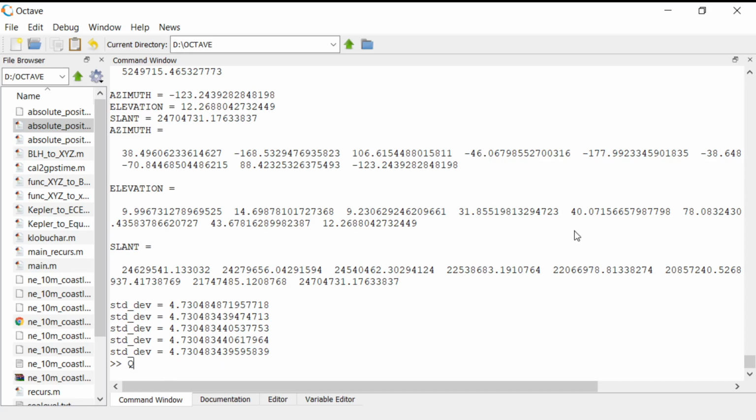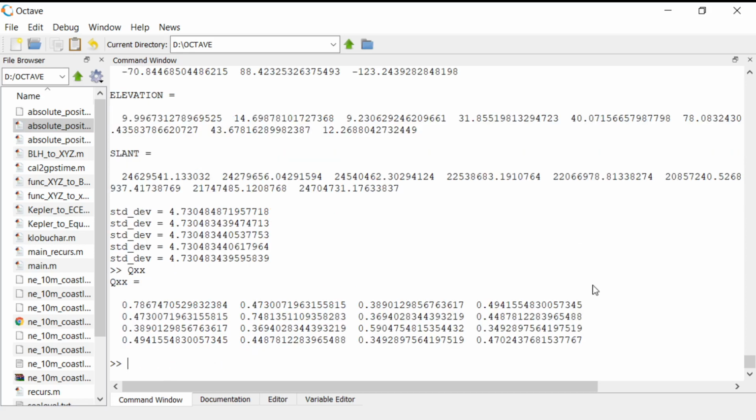Let's have a look at the QXX matrix. This is a 4x4 matrix. This is the cofactor for the X component, Y component, and Z component, and the fourth component is for the clock. By using the standard deviation times the diagonal of this matrix, I will obtain the accuracies in x, y, z and clock terms.